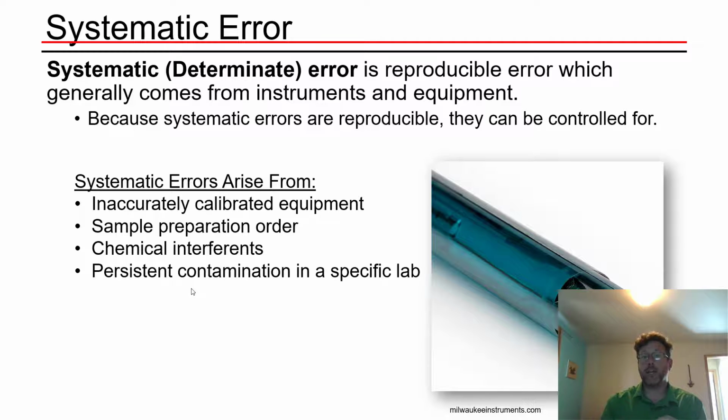Through calibration and careful experimentation, we can recognize and quantify systematic errors, and because systematic errors can be specifically associated with specific pieces of instrument or equipment around the lab, we can actually, through calibration, figure out how big the error is and account for it, and thus remove the systematic error from the procedure.